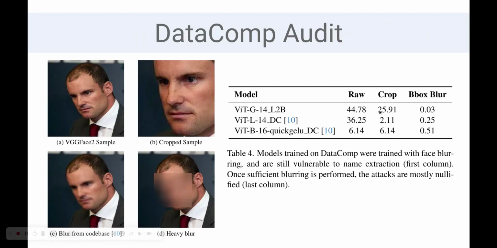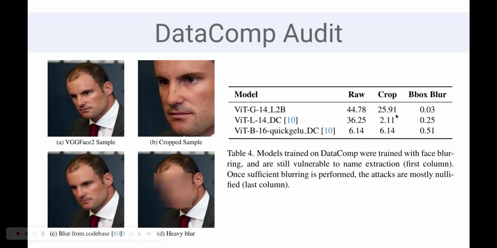Let's zoom in on this DataComp model. Now, this model is interesting because the model creators had privacy in mind, so they blurred faces before training to prevent identification. Now, to be certain that the model is not using background information, which was not blurred, in its decision, we're going to do a strict facial crop here, which is shown in this second column.